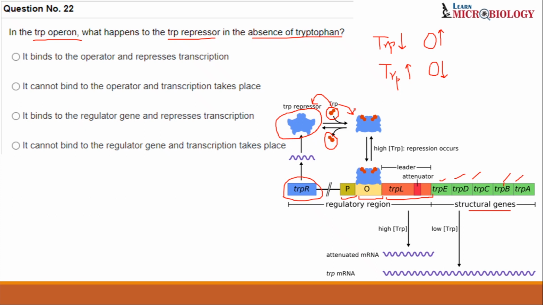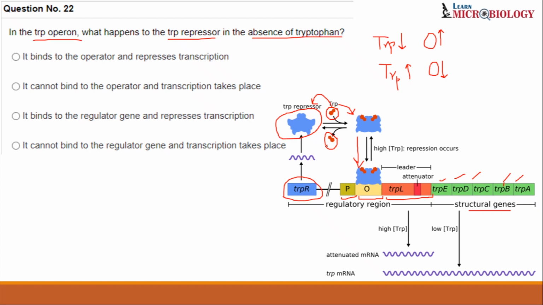Again, this is a difference between the lac operon and the TRP operon. In the lac operon, if lactose binds to the repressor, it becomes inactive. But here, if TRP binds to the repressor, the repressor becomes active. When the repressor becomes active, it will sit on the operator region, blocking the space for the polymerase enzyme to sit on the promoter and transcribe the genes.